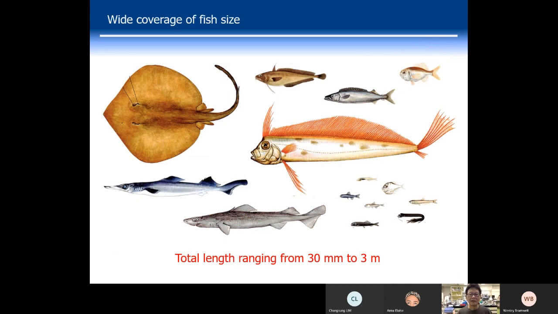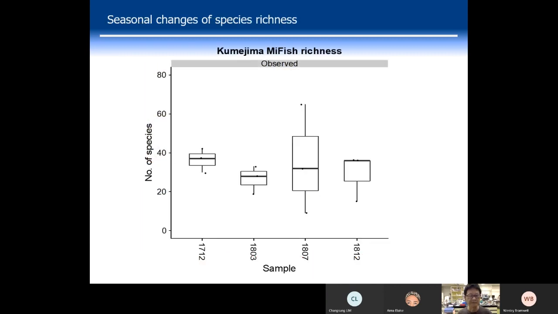The most distinct characteristic of eDNA metabarcoding is that there is no size selection. We can detect these big fishes over 3 meters, and also small midwater fishes which are only a few centimeters. The number of species is almost constant throughout the survey.